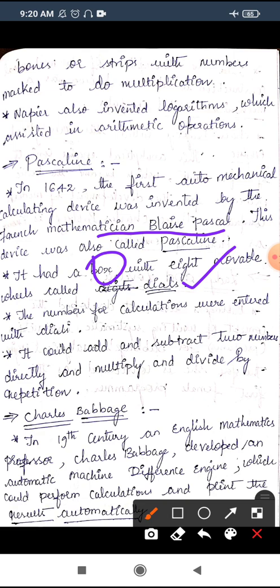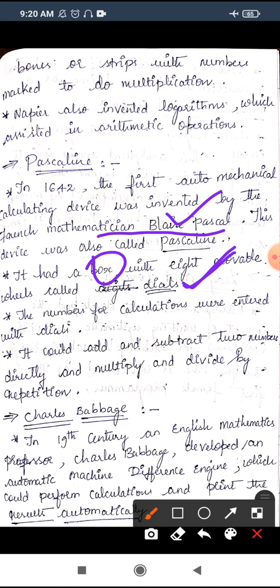Okay, so I'll repeat again. The Pascaline was invented in the year 1642, the first automatic mechanical calculating device, invented by the French mathematician Blaise Pascal. It had a box with 8 movable wheels, called dials.